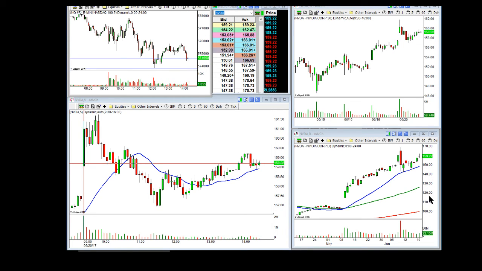And these moving averages that I have here are a 20, a 50, and a 200. So it's trending up. And I know that this 50 here is a 10-period moving average on a weekly time frame. So just by looking at these two moving averages, I know that the daily and the weekly are in an uptrend. The 20 is above the 50, and they're both rising. So that's a positive.